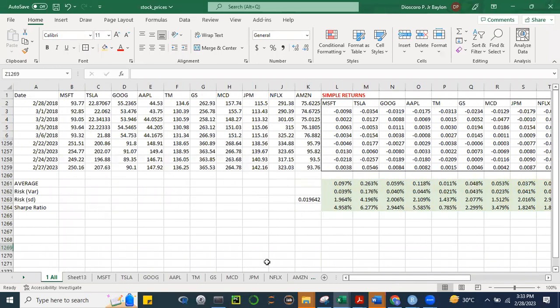Okay, any questions so far, class? Any questions? Okay, none, thank you. All right, now, how did we compute for the average returns?